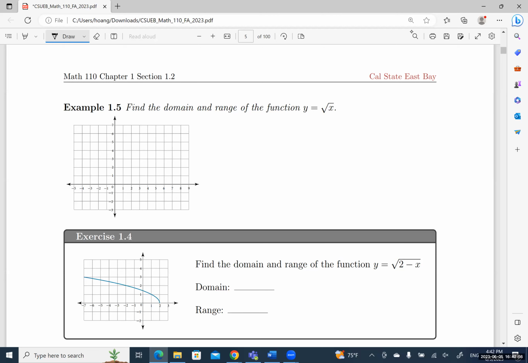You don't really need to graph it perfectly in this case, but in order to graph y equals square root of x, you can make a t-table with the left-hand side for x values and the right-hand side for y values equal to square root of x.